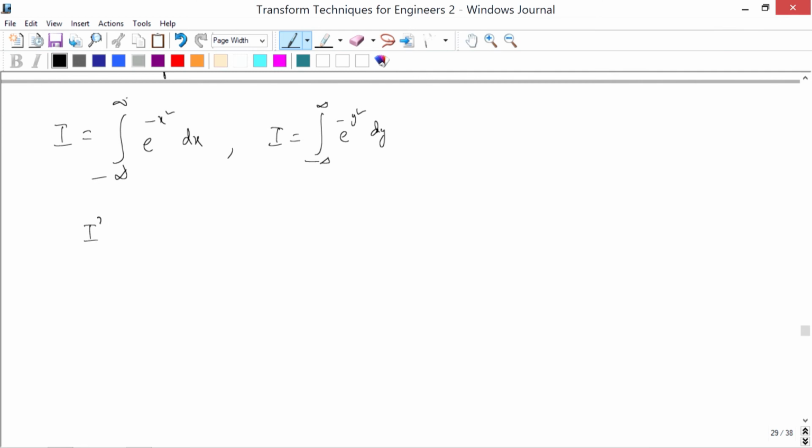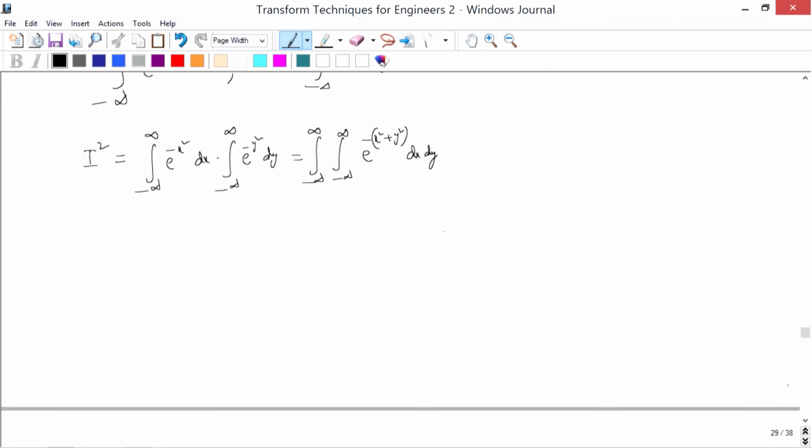Now, if you multiply both sides, I1 and I2 together, I square is the integral from minus infinity to infinity of e power minus x square dx, into the integral from minus infinity to infinity of e power minus y square dy. x and y are separate variables, so you can write this as an iterated integral of e power minus (x square plus y square) dx dy. This is how you do it.